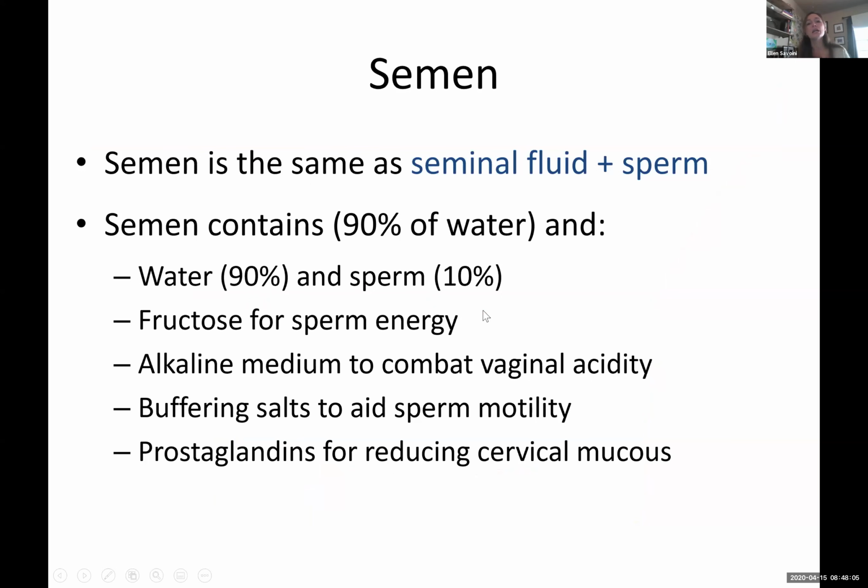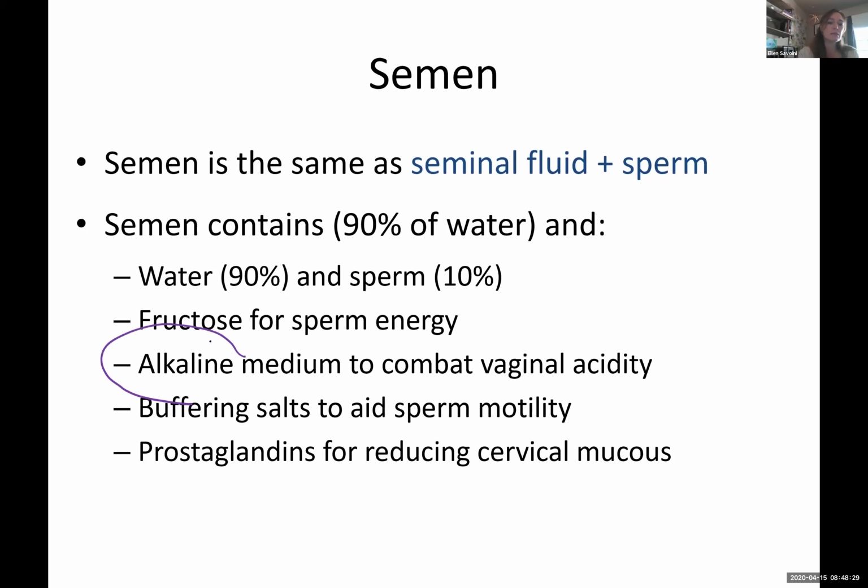Okay. So what is semen? It is seminal fluid plus the sperm. Semen's mostly water and some sperm. So sperm is less than you would think within semen, but the semen is providing the fluid and the mechanism for sperm to make it into the female reproductive tract.